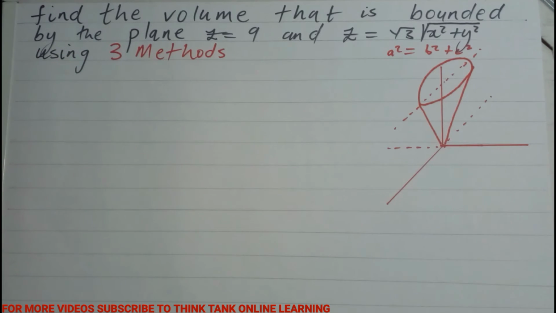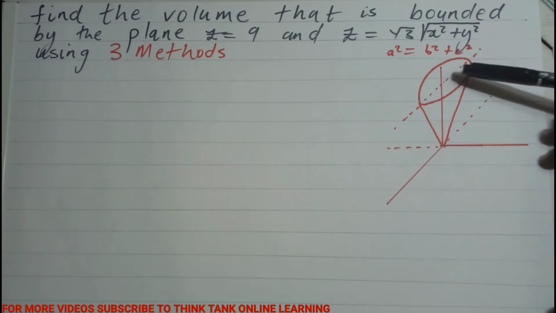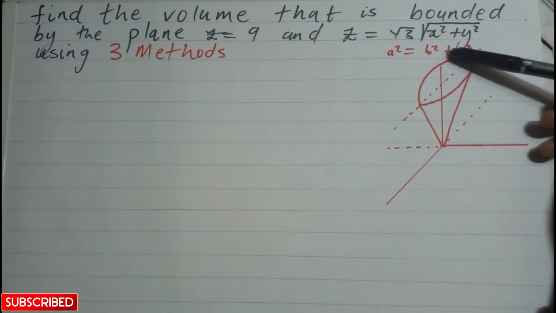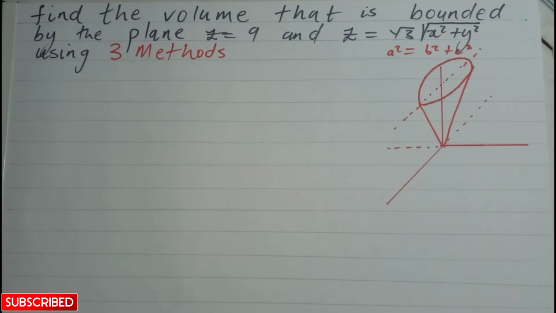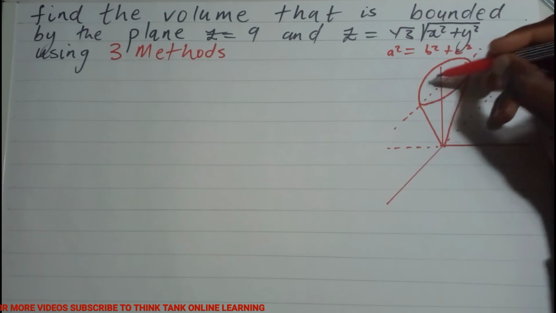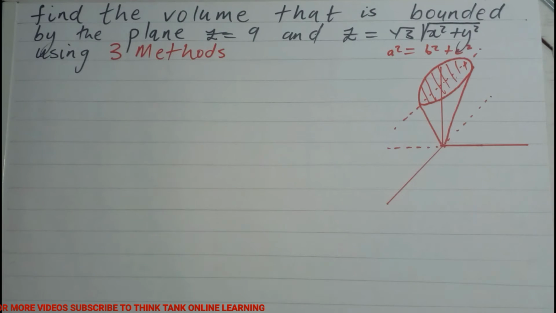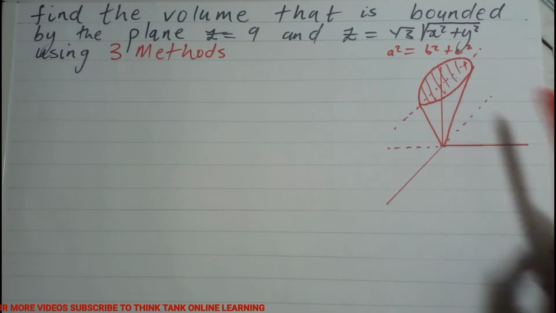We're going to use cylindrical coordinates first. We need to know the shadow of this cone. Since the top plane surface is a circle, the shadow of this cone is a circle.